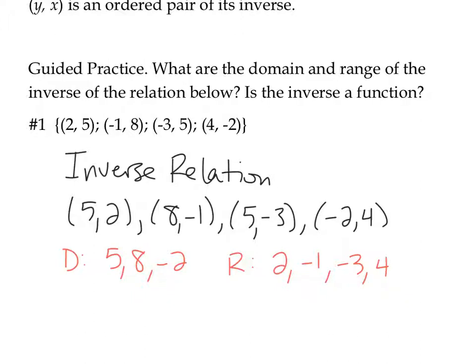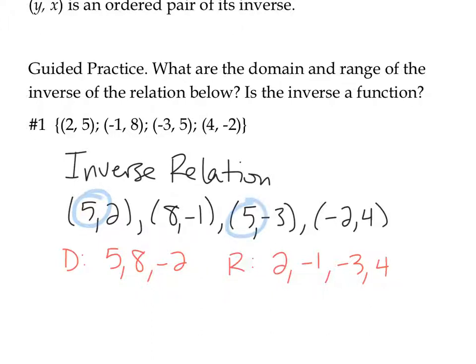Well, when we switch this around, the inverse here would not be a function, because we have the input of 5 paired with a 2, and we have the input of a 5 paired with a -3. So it is not a function, because the 5 is paired with 2 different outputs.